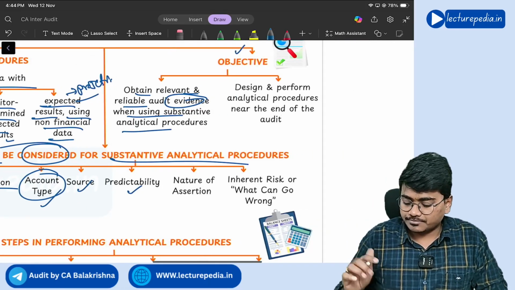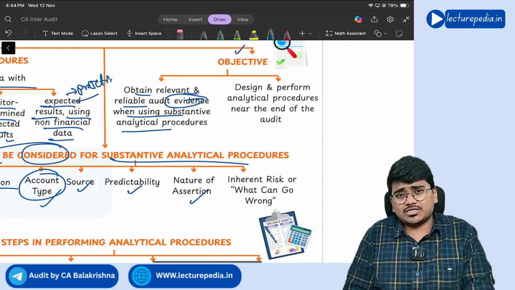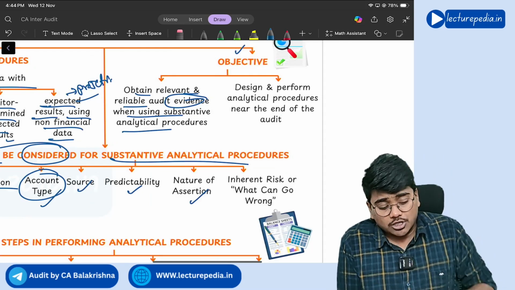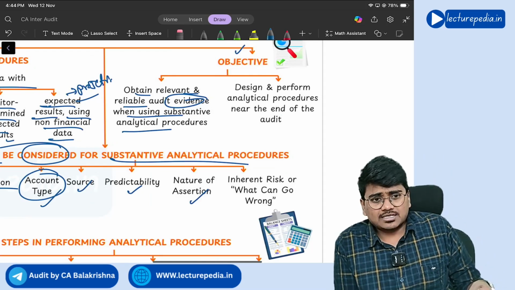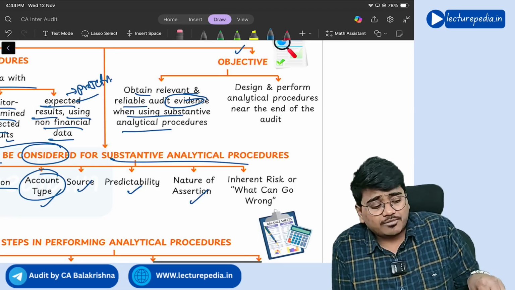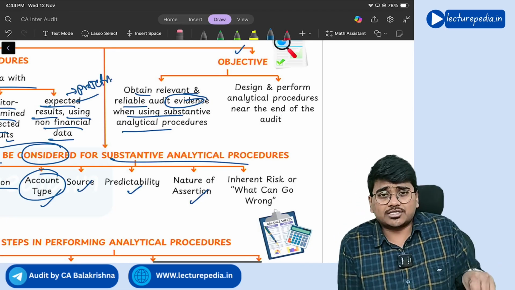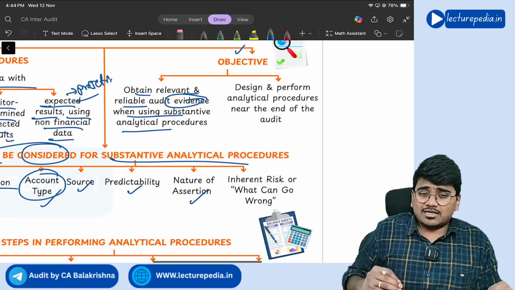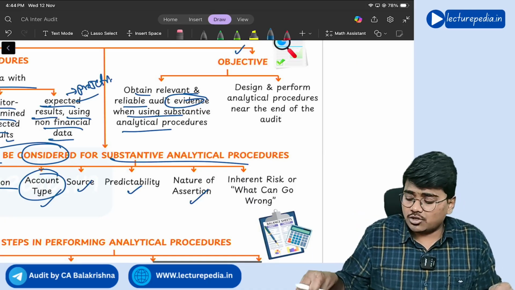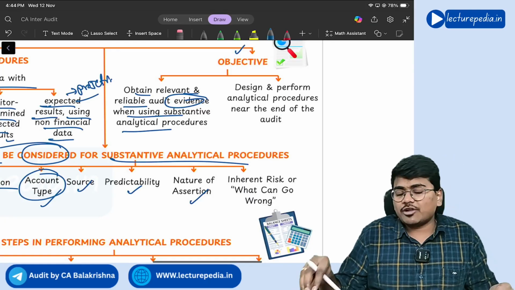Clear? Next, the nature of the assertion that you are going to address. If you want to address an assertion like existence, it's impossible to perform analytical procedure for the existence assertion. But if you want to address assertions like valuation or accuracy, you can perform analytical procedure.